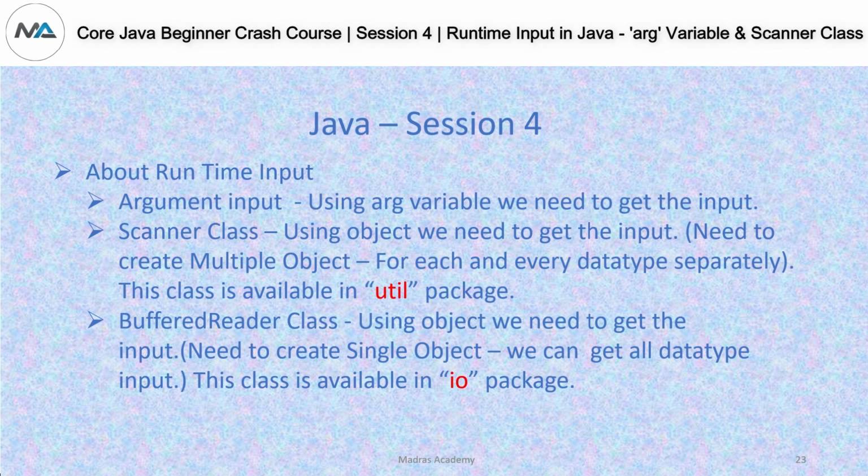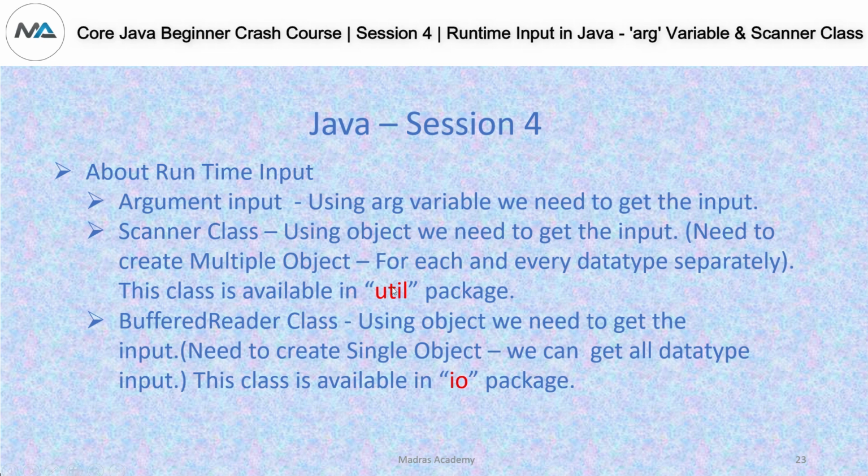For example, integer, float, string, boolean, like that you have different data types in your code. For each and every data type, you need to declare a separate object. Then only we can get the runtime input using Scanner. So we need to create multiple objects to get the runtime input.